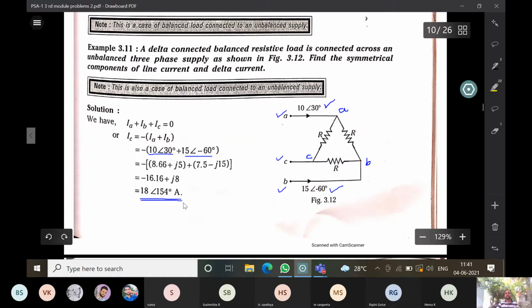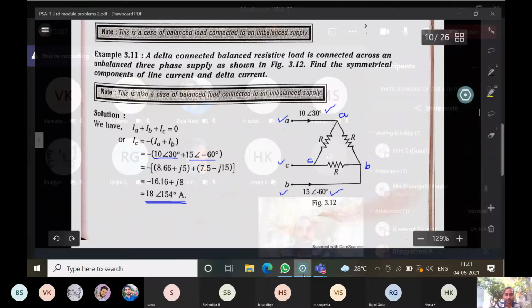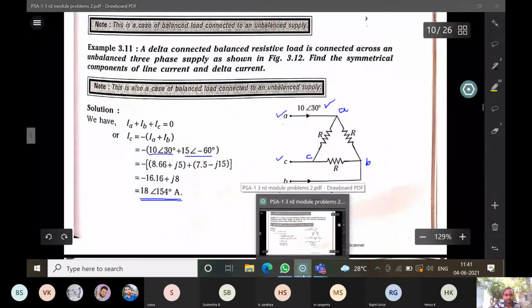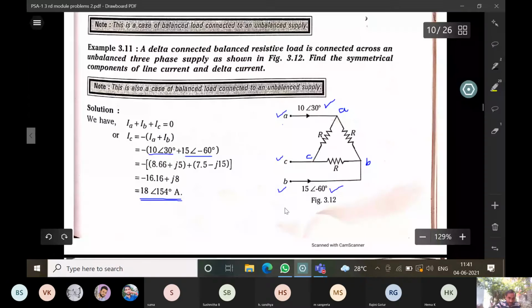You will get the answer 18 at an angle 154 degree, in amperes. Got this answer? Bhagyashree? Yes, sir. 18 at an angle 154 is the IC value.